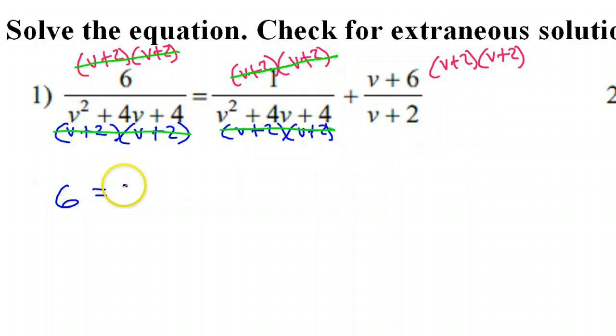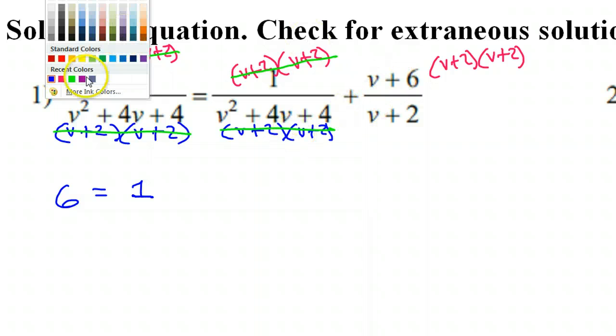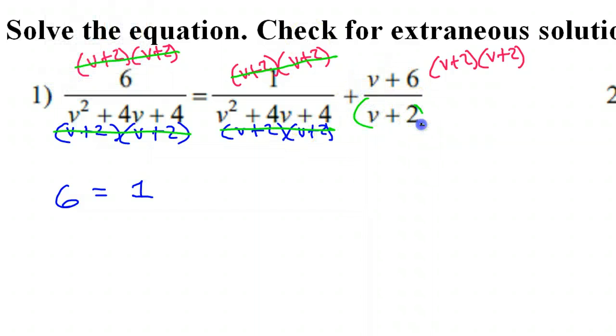That's going to leave 1. Anything divided by itself is 1. That's another way to think about it. In the third fraction, v plus 2 is going to cancel out one of the v plus 2's, but that's still going to leave v plus 6 times v plus 2.